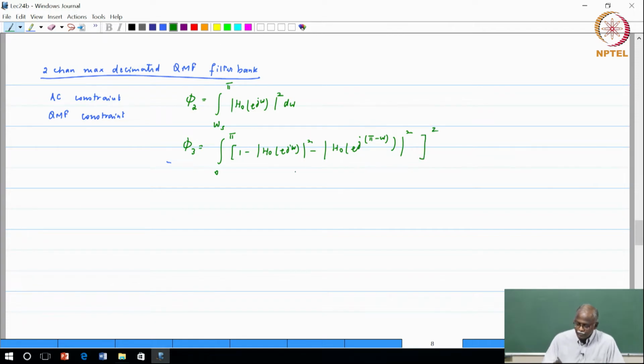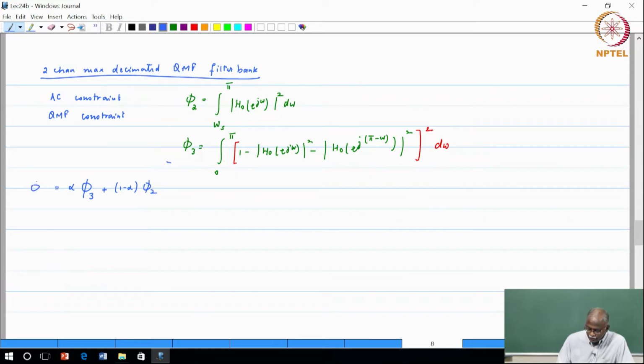Let me change the color so that you will not miss that. So there is an outer square times d omega, and the overall objective function is alpha times phi 3 plus 1 minus alpha times phi 2.